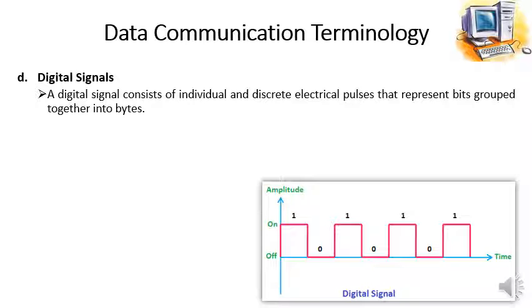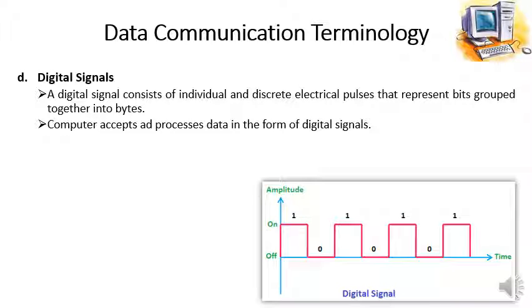Here we do not have the fractional values in a signal, whether the signal is 1 or whether it is 0. These are the two possible values that a signal may have in digital signals.